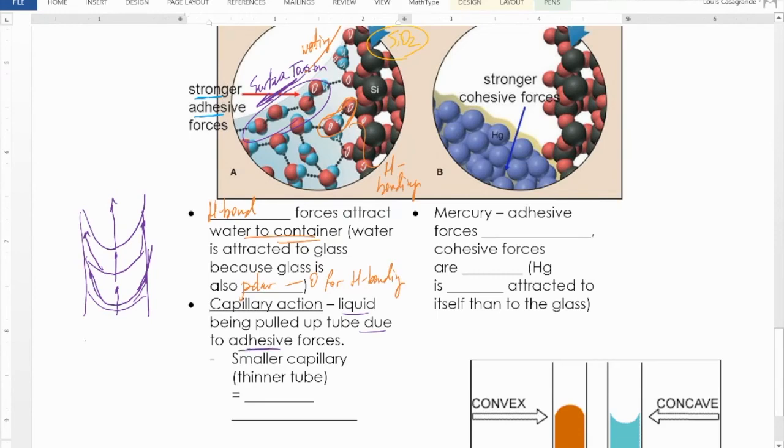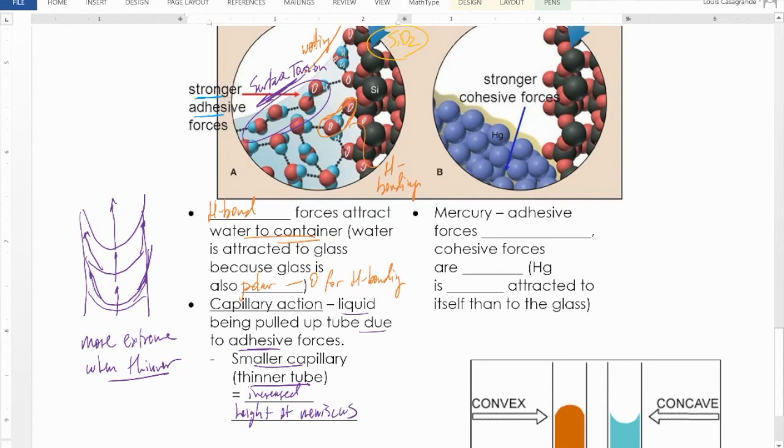The thing is, this is more extreme when you have a thinner capillary. So a thinner capillary, a smaller capillary, means increased height of the meniscus.